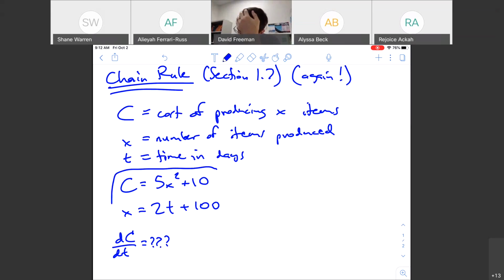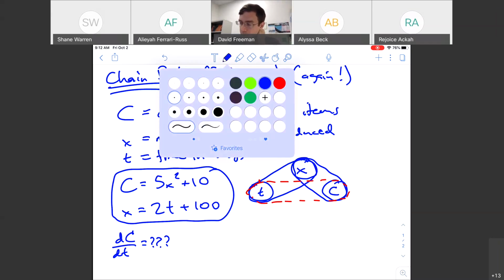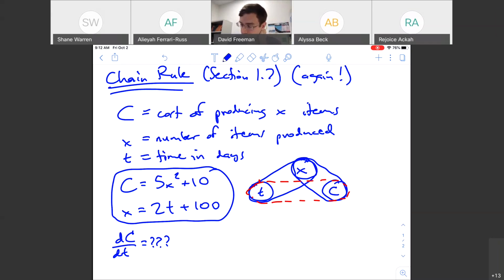We have a relationship here: T feeds into X, and X feeds into the cost. Those relationships are given by those equations. What about the relationship between cost and time? There is a relationship, but it's not direct. So how do we figure out the nature of that relationship?